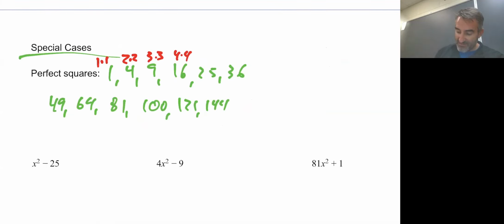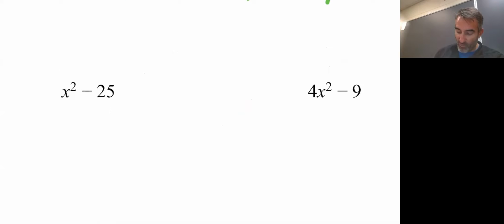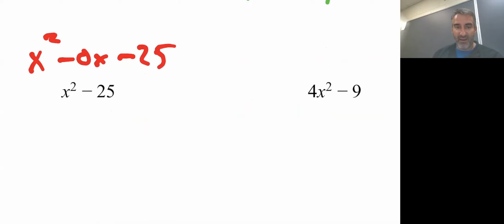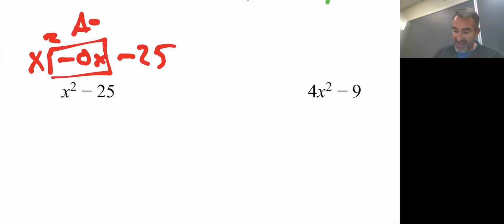So now, if it's minus, I've always thought of it like this. Now remember, this middle term is the add term. Can I add to get 0? Well, the only way to get 0 is if it's the same number: -5 plus 5, -4 plus 4, -2 plus 2.